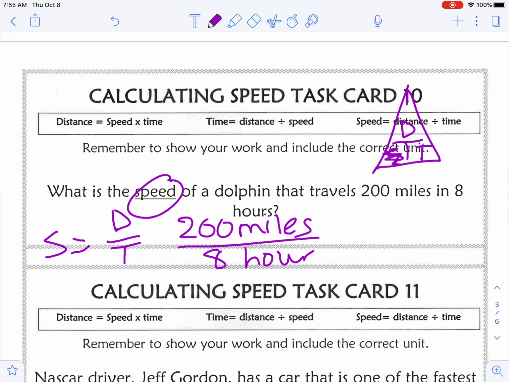So I get my calculator out, and I go 200 divided by 8, and I come up with 25. That's the numeric portion. Now I'm ready for the unit. Miles per hour, can't cross any of that off. So miles per hour or miles per hour.